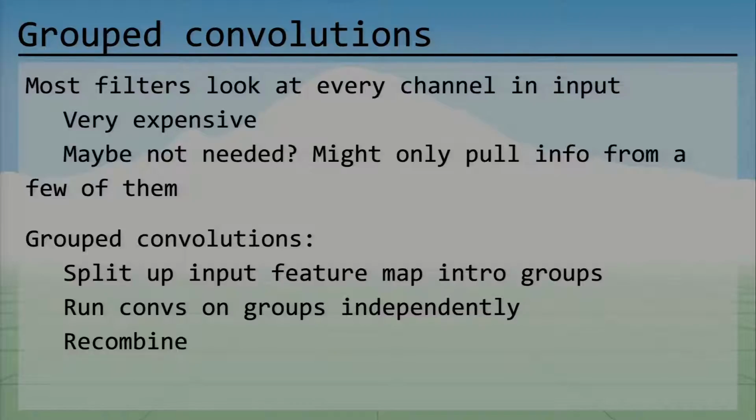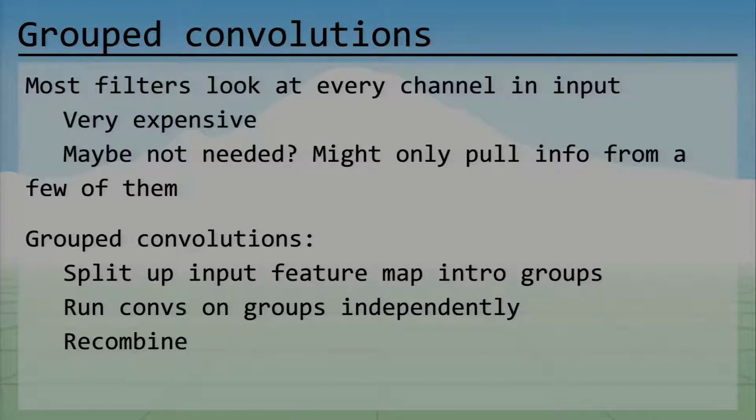We also talked about the next step. If we're doing these 3x3 convolutions, remember that each of these convolutional filters is looking through all of the channels. So every filter has some spatial component, but is also looking through every channel in the input. And the idea is that maybe we don't need that to happen. Maybe a filter only needs to look at a few channels in the output of the previous layer to do some meaningful computation.